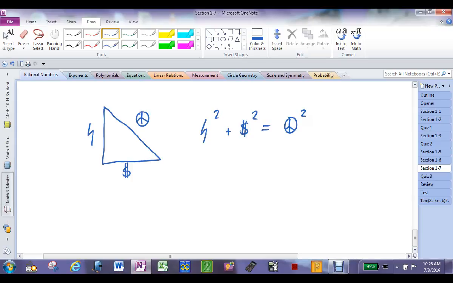Now here's why this is important. What is that? It's an exponent, it's squared. Do I want a squared value when I do this? Or do I want the side of the shape? I want the side of the shape. How did we find the side of a square?